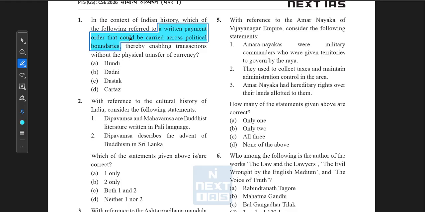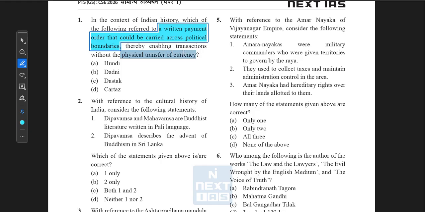So, a written payment order that could be carried across political boundaries, thereby enabling transactions without the transfer of physical currency. It means there used to be some kind of payment system where you don't need the physical transfer of currency.